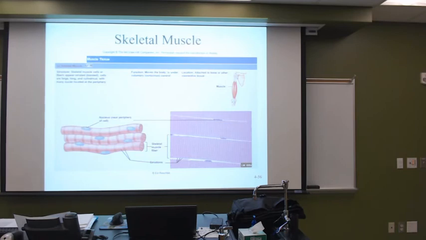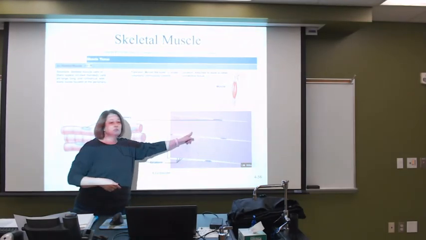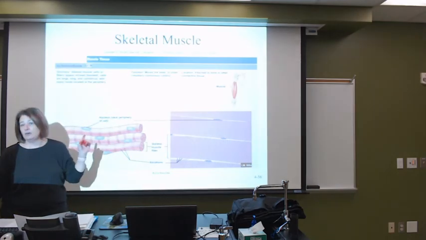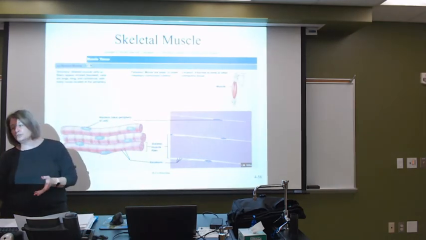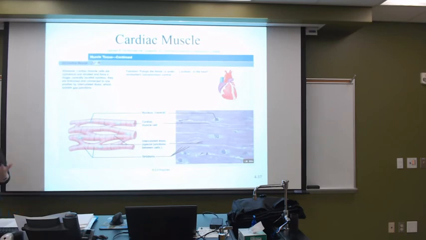This is the tissue of the body that will be multinucleated, meaning that these cells have more than one nucleus. Their striations are very visible when you look at them under the scope, but we will be getting into more detail in future chapters on skeletal muscle and exactly what those striations are doing.